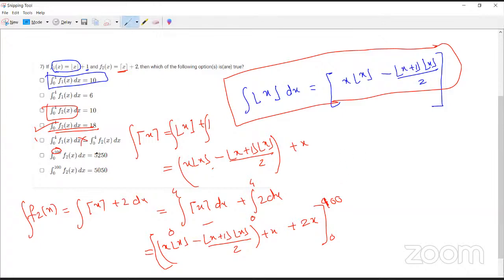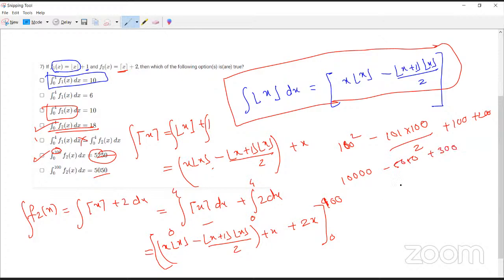I will get 100 squared minus 101 into 100 by 2, plus 100, plus 200. So this is 10000 minus 50 into 101, which is 5050, plus 300. So it will be 4950 plus 300, so it will be 5250.